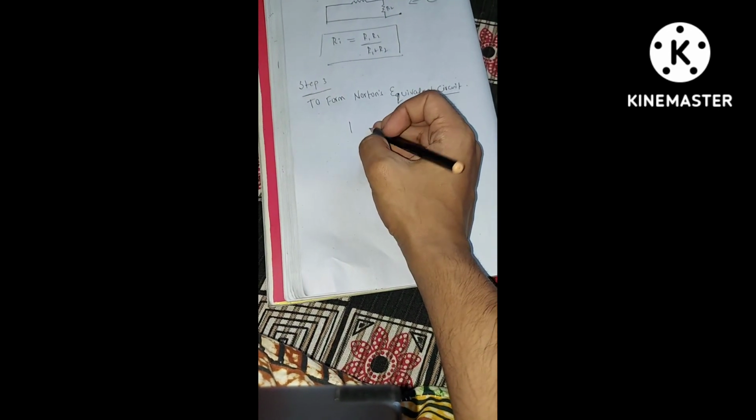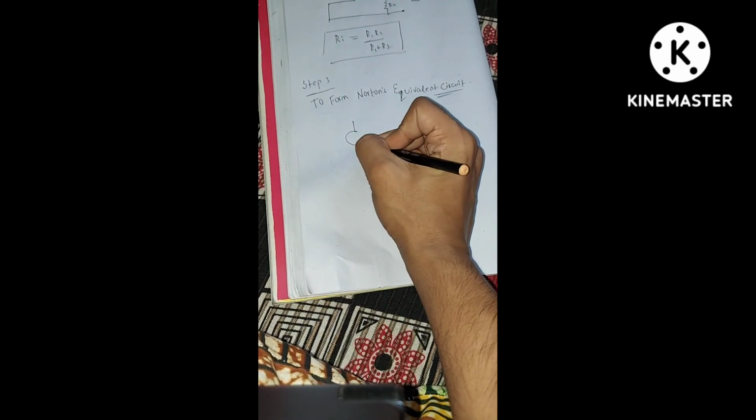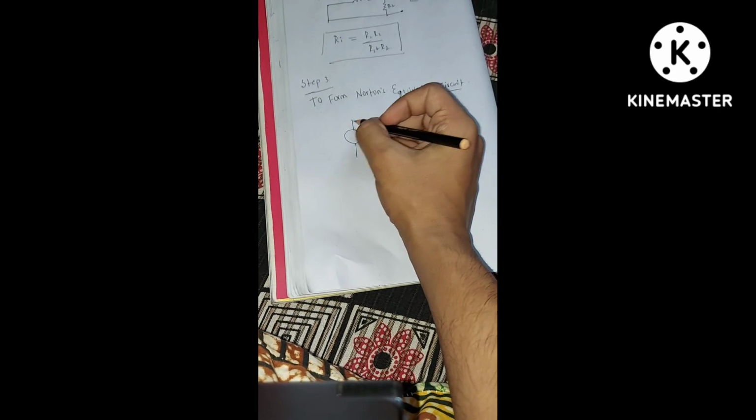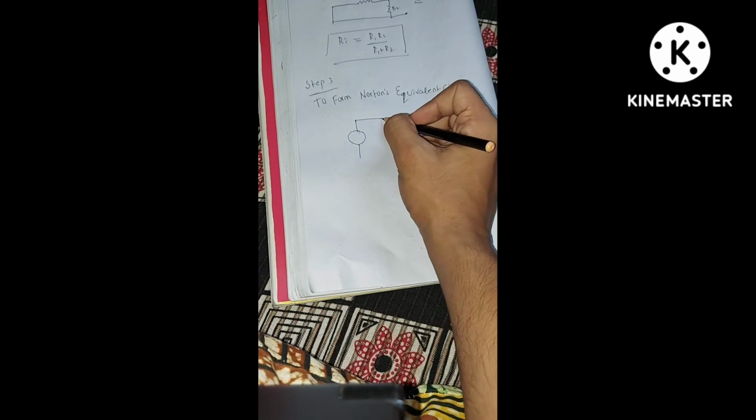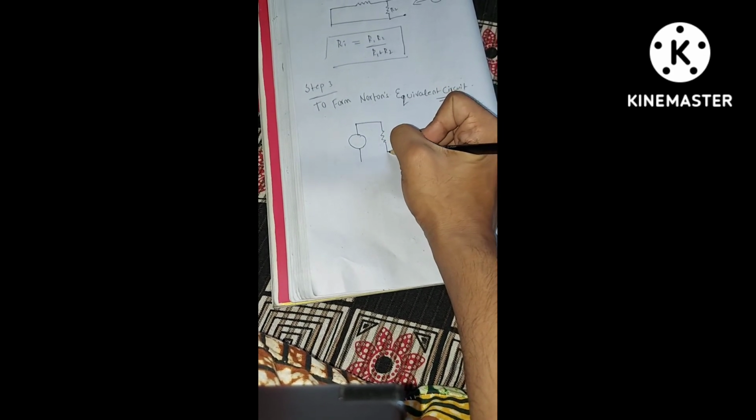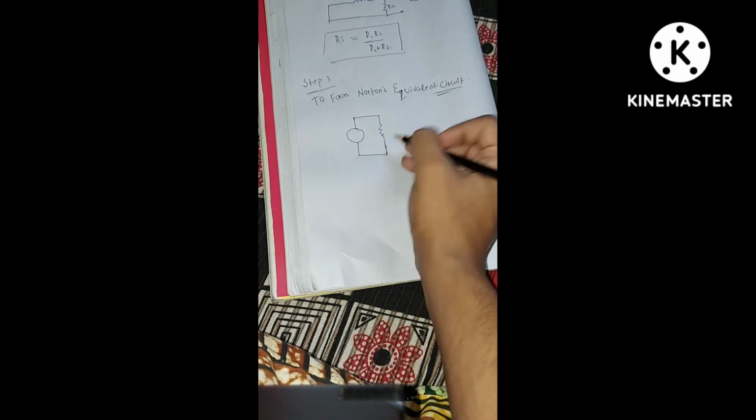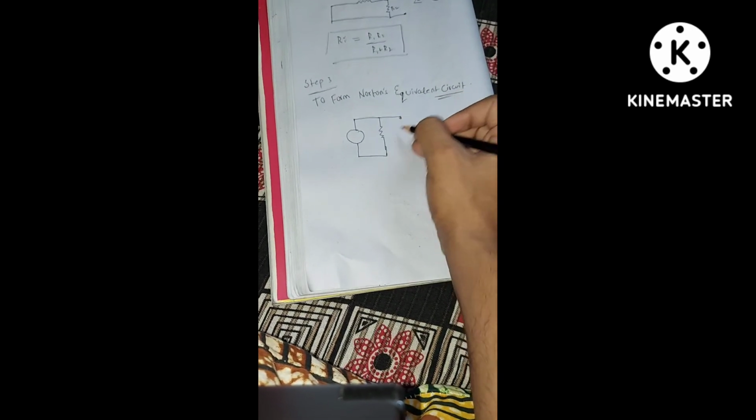So I'm taking this equivalent circuit like this: one current source, an equivalent Norton's resistance, and finally your RL.